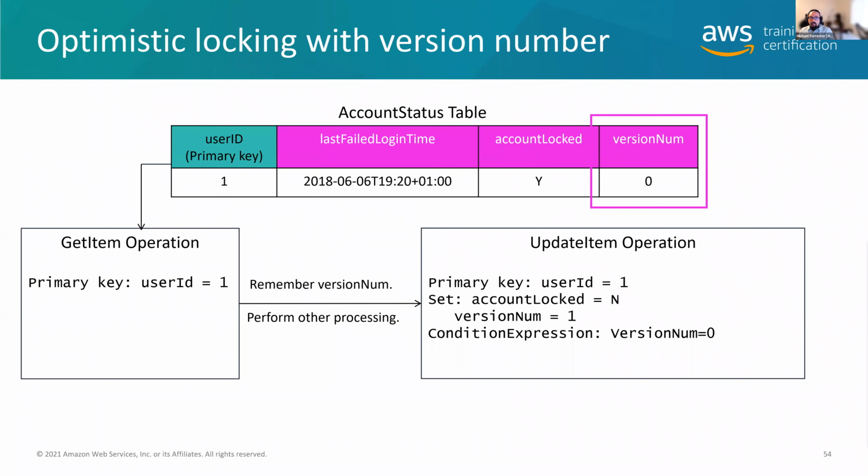And then, by the way, you can add a version number as an attribute in your table. You can use optimistic locking with the version number to make sure the item hasn't changed since you last saw it. This is also known as the read, modify, write pattern, or optimistic concurrency.